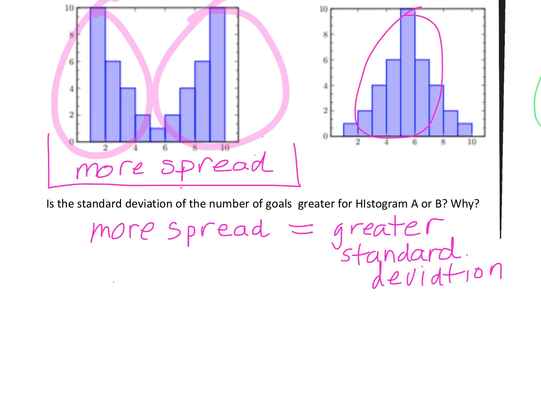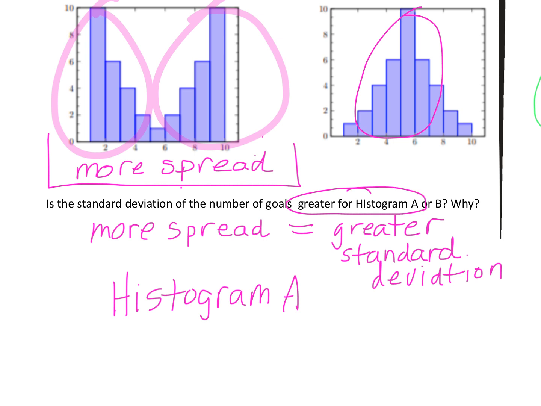So your answer is histogram A, because histogram A has a standard deviation that is greater because it's more spread.